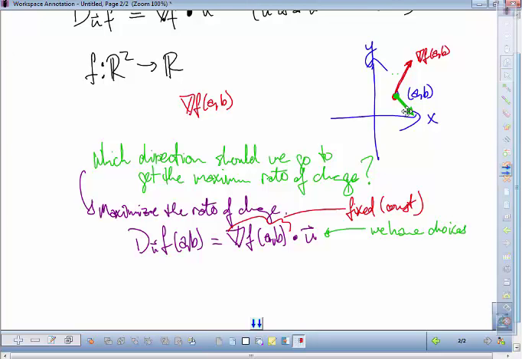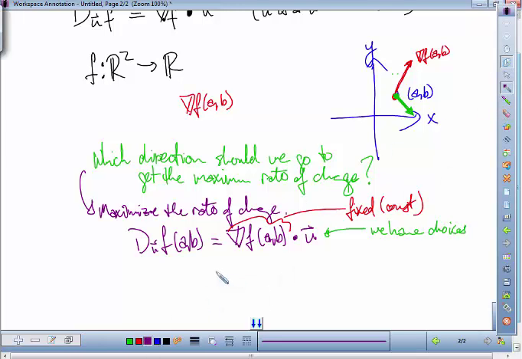But there's an infinite number of directions to go, so how are we going to limit our choices? What we're going to do is use a special property of the dot product.